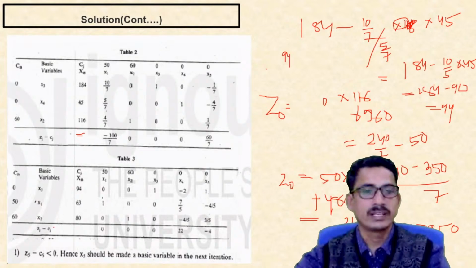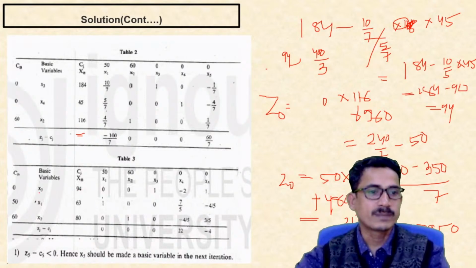The other is 80 by 3 by 5, I mean 80 into 5 is 400 by 3, 100 something will come. So this is higher, this is lower. 94 is lower. The 94 corresponding variable is what? X3. So X3 will be out.